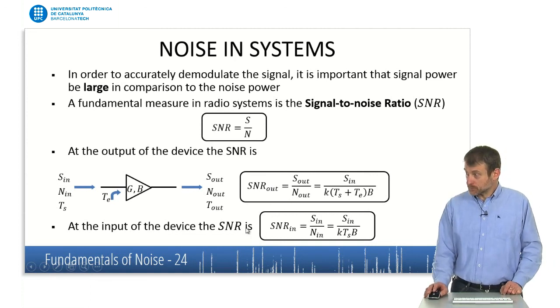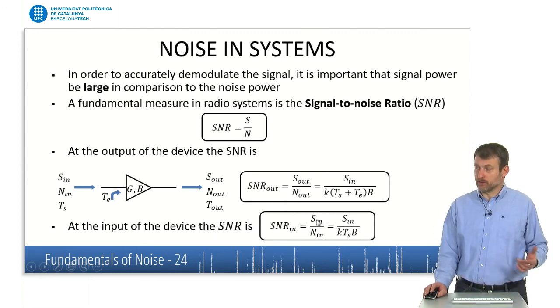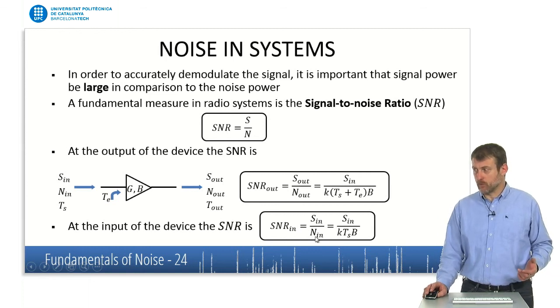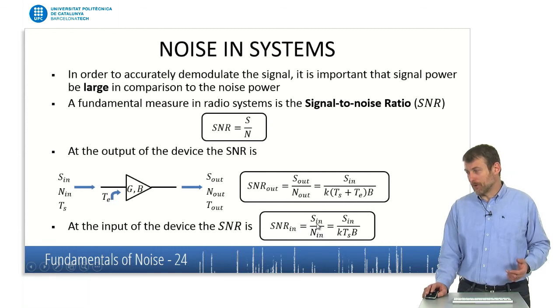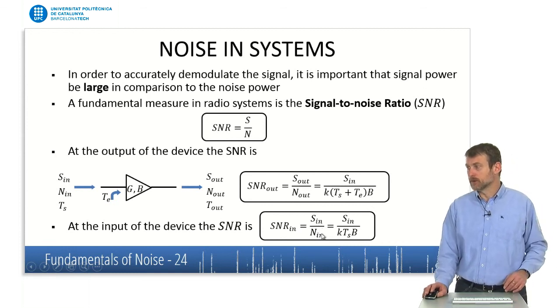On the other hand, at the input of the receiver, we can calculate the signal-to-noise ratio, which would be the power of the signal divided by the noise that comes from the antenna or the source. And this noise is K times the equivalent temperature of the source and the bandwidth.